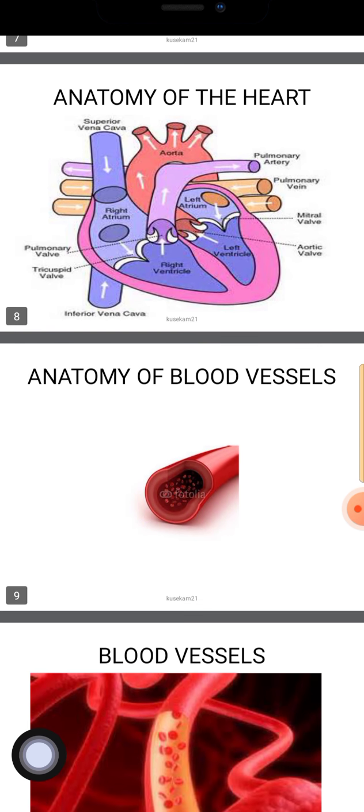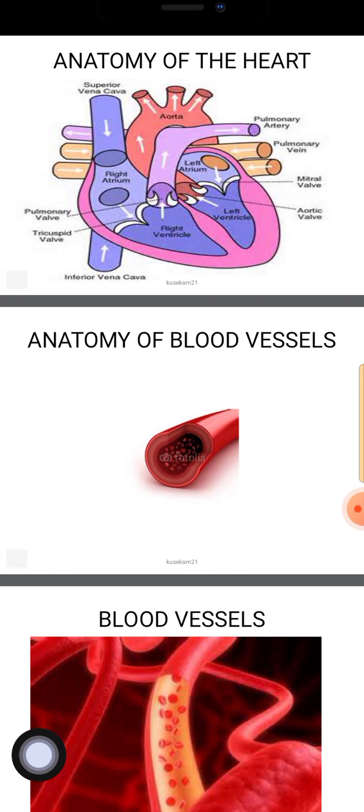Okay, so here there is the diagram of the heart, the anatomy of the heart, showing the parts of the heart. Why is this diagram in this topic? Because the heart is pumping, working as an engine to distribute blood.